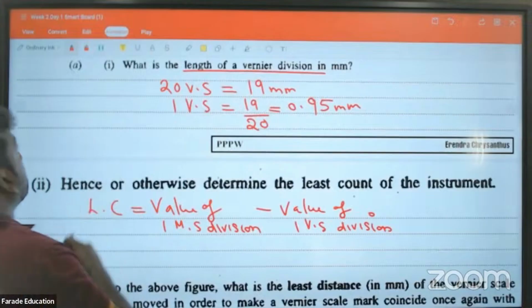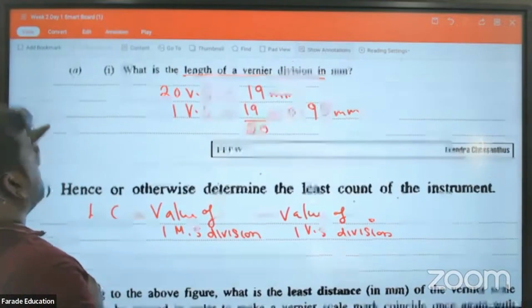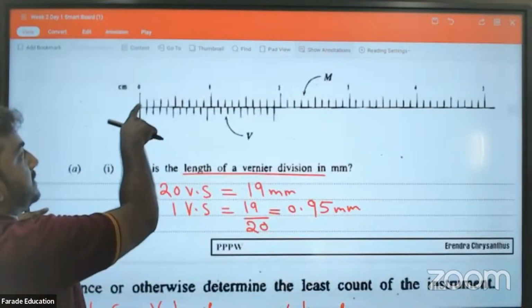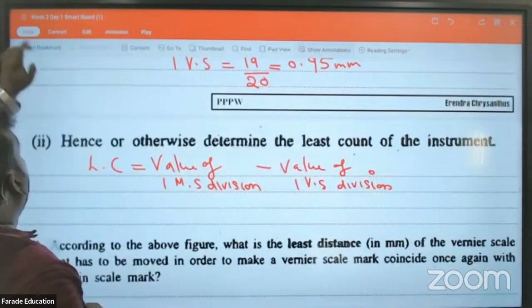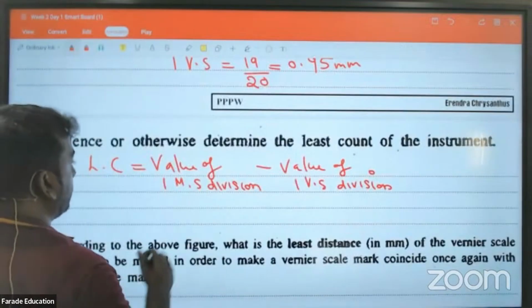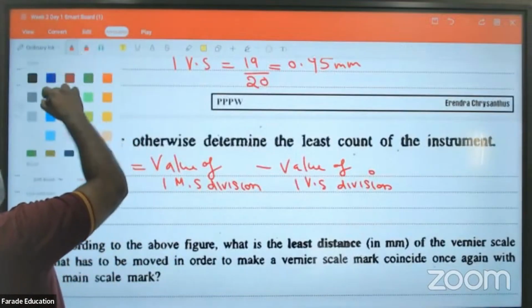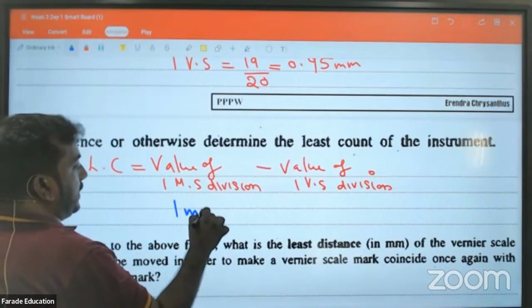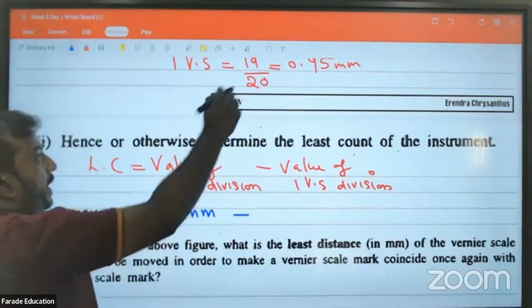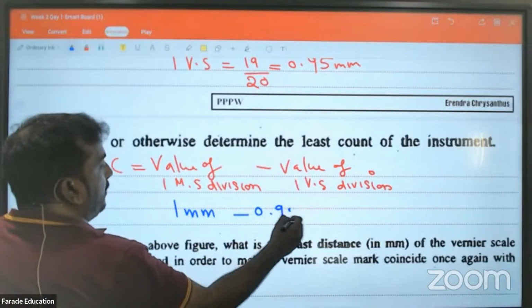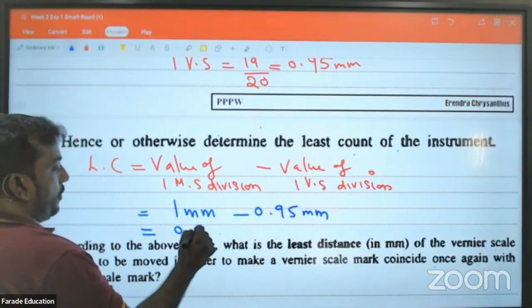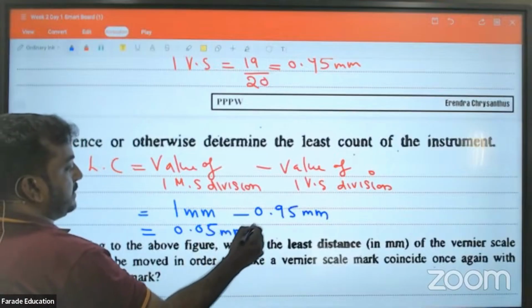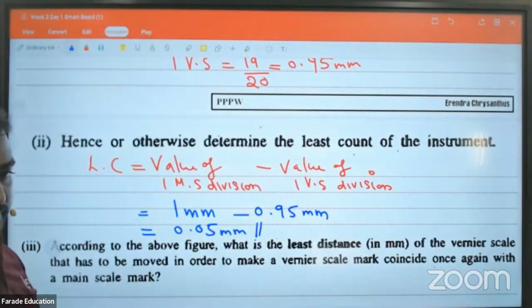One main scale division is 1 millimeter, and one vernier scale division is 0.95 millimeter. Simplify this, and it is 0.05 millimeters. There you go, the least count.